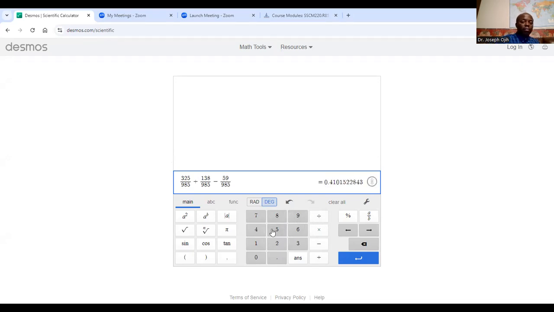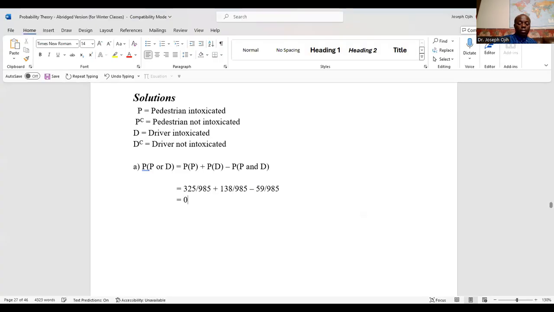That gives me 0.410. So the answer is 0.410 rounded.